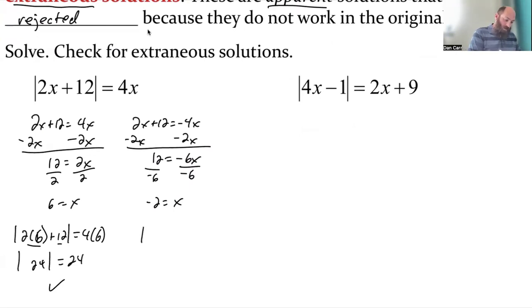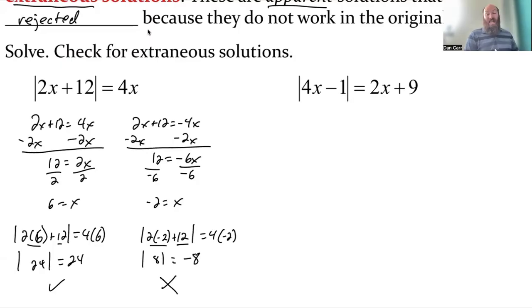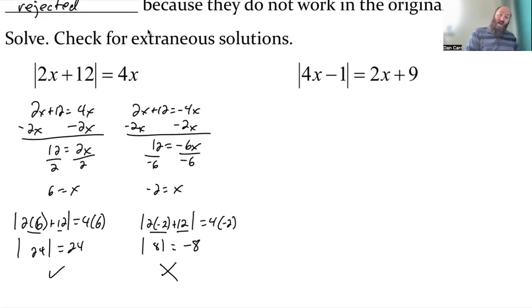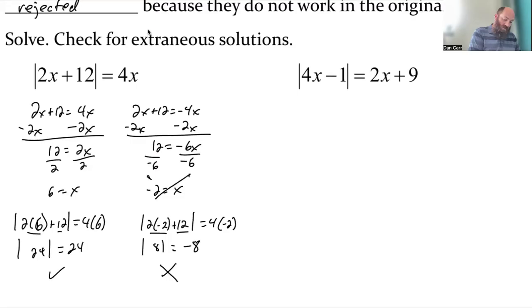But over here, 2 times a negative 2 plus 12, equals 4 times a negative 2. So when I do this one, we got 2 times a negative 2 is negative 4, plus 12 is a positive 8, equals a negative 8. That does not work out. The absolute value of 8 does not equal negative 8. So this one is not possible. That's my extraneous. I only have one good answer here, which is x equals 6.